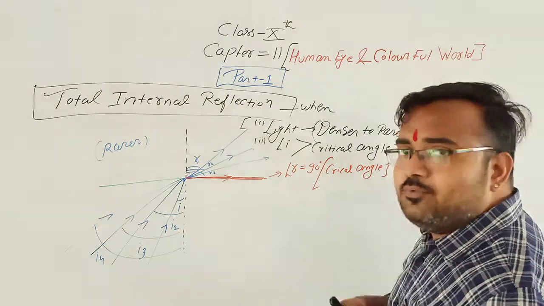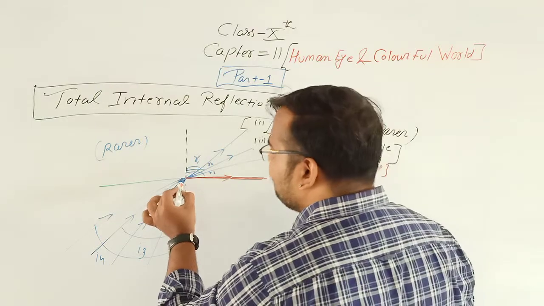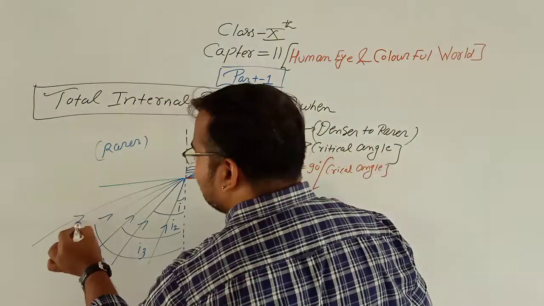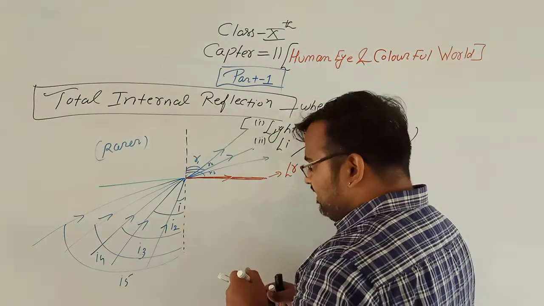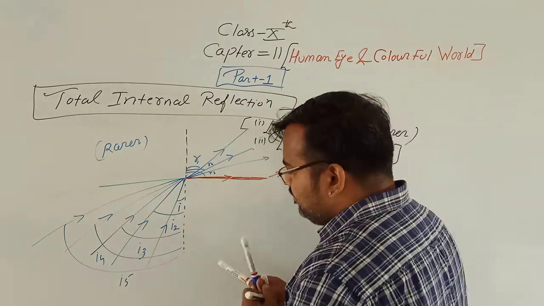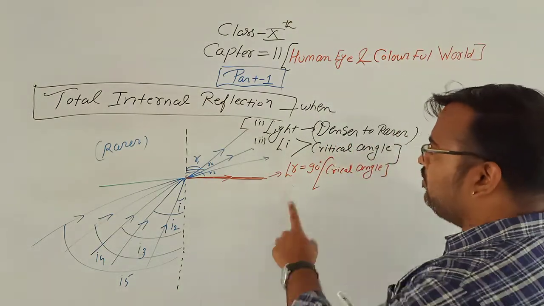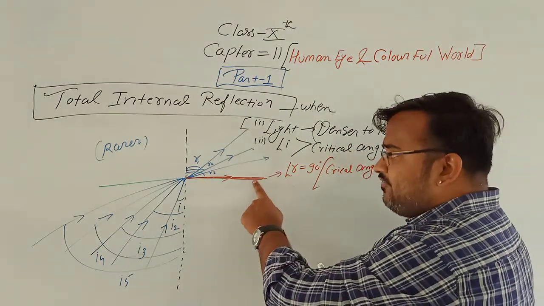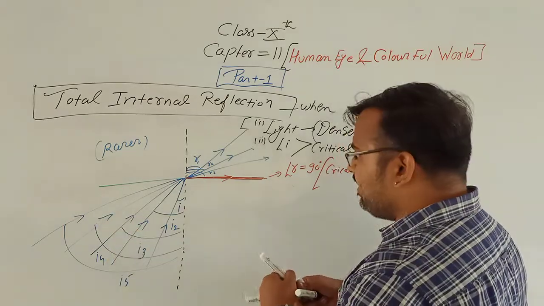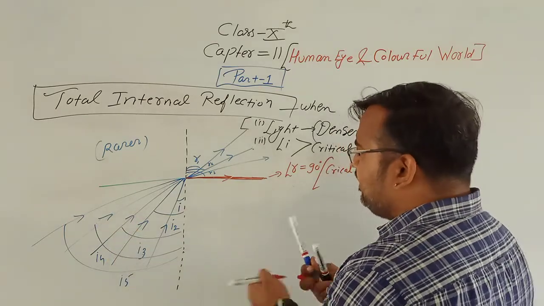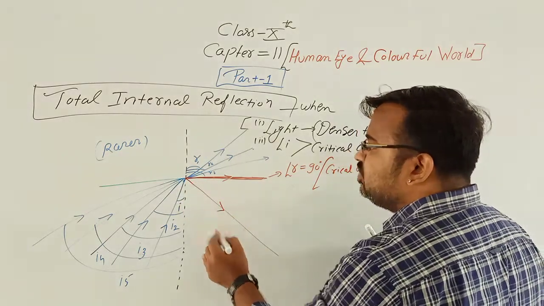Now, if I increase the angle of incidence again, this is I5 with the normal. Here, it will show reflection, not refraction.